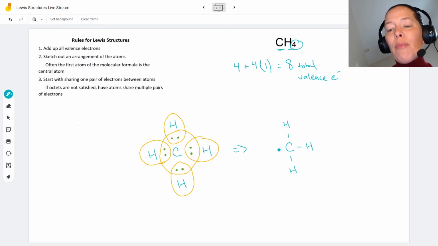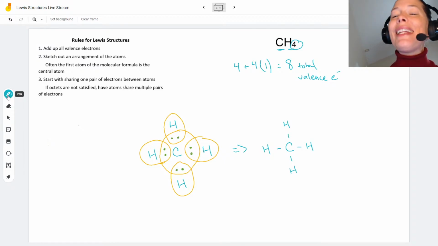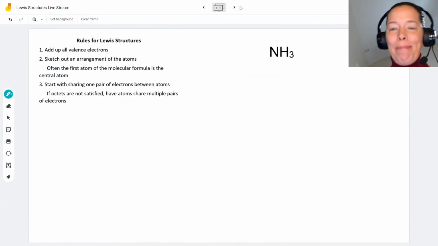And you have probably seen the structure for methane at some point, even if you didn't know what a Lewis structure is. So hopefully this looks correct and this looks right for you. Okay, this is the Lewis structure for methane. Let's go to our next structure, and we're going to increase difficulty by increments.